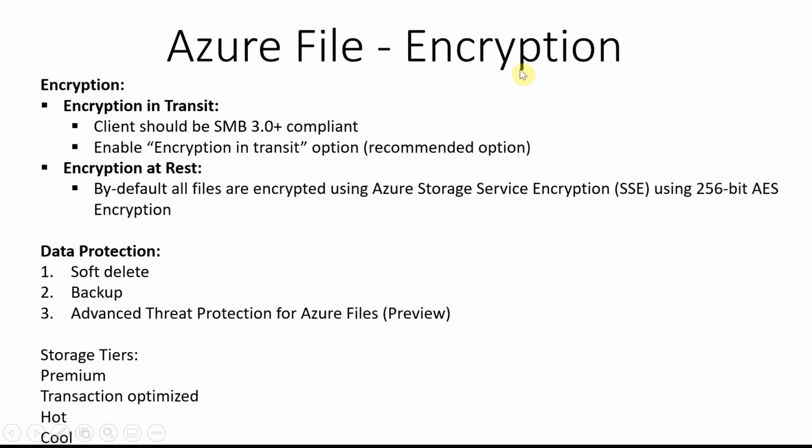And encryption is a very common feature which is required, and we need to know how the files that we upload there are encrypted. When you talk about encryption, there are two options: encryption in transit and encryption at rest. Transit is basically when the file is on the move.